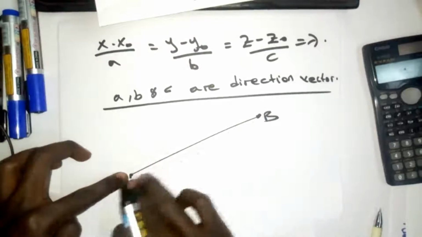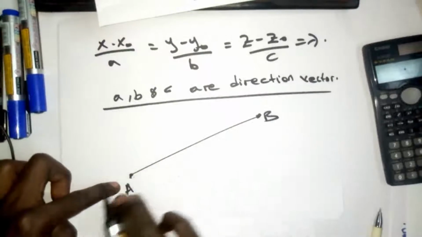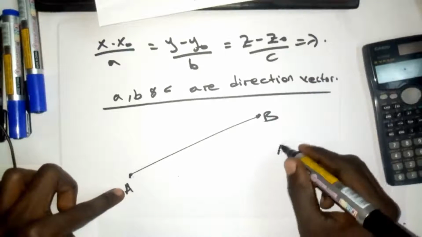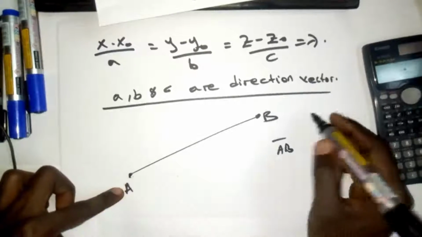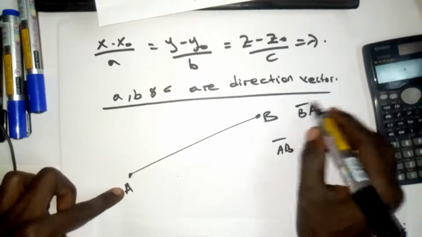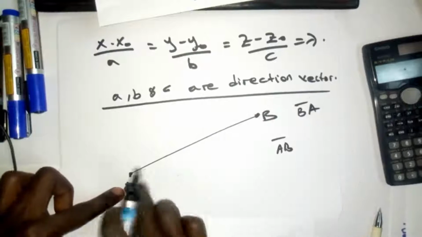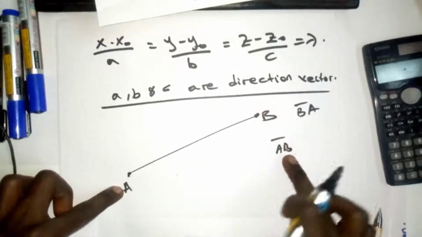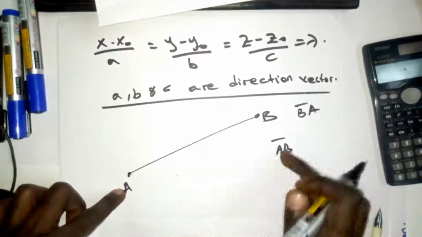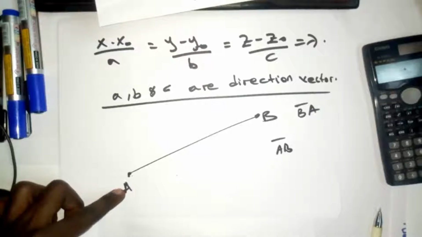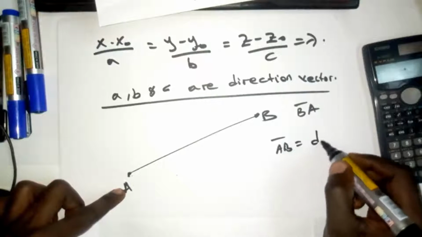So the directional vector is going to be AB. If it is moving from this side to this side, then someone will just say it is BA. That is the direction. You start from B, you end at A. Start from A, end at B, it is AB. So that is the direction vector. If I want the direction, I'll say the direction vector is AB. And this directional vector, we are calling it d.